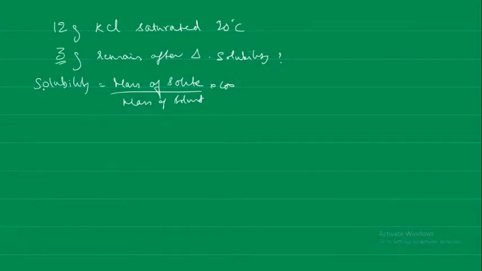Mass of solvent is 12 minus 3, equal to 9. So that is 3 by 9 into 100, which comes to 33.3 grams. So the solubility of KCl in water at 20 degree centigrade is 33.3 grams.